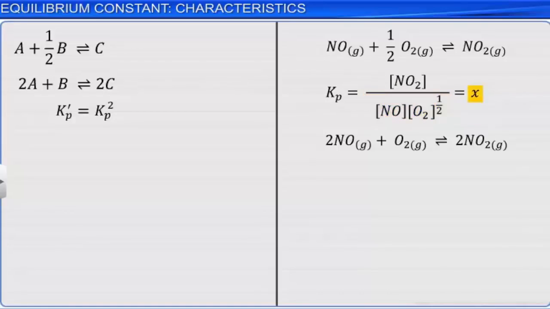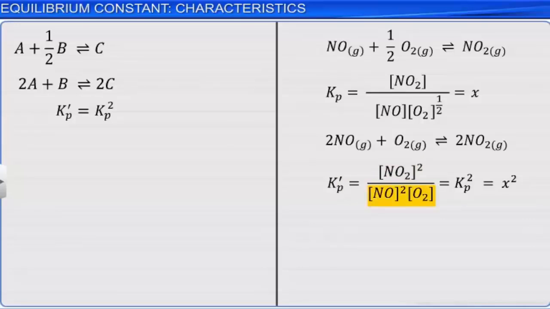The equilibrium constant for the reaction of 2 moles of gaseous nitric oxide and 1 mole of gaseous oxygen combining reversibly to form 2 moles of gaseous nitrogen dioxide may be written as Kp dash is equal to concentration of nitrogen dioxide raised to the power of 2 divided by the product of the concentrations of nitric oxide raised to the power of 2 and concentration of oxygen, is equal to Kp square, which is equal to x square.